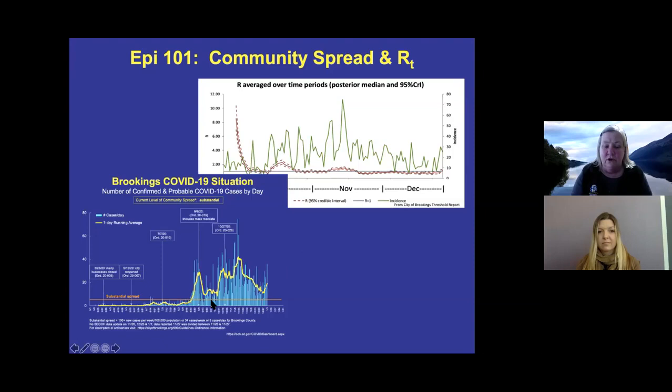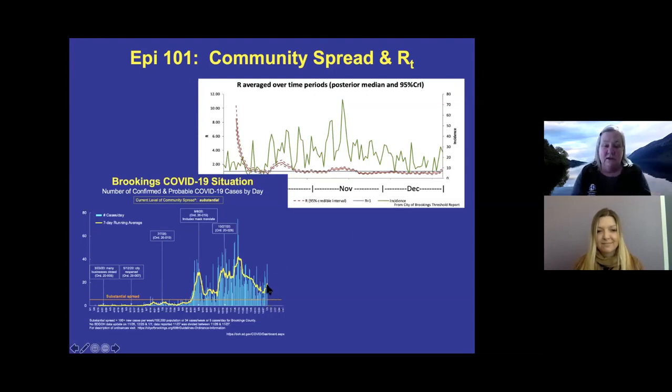But if you look on this graph, what you see here is that we are still in substantial spread. So although the RT is less than 1 here, we can say that it's controlled, in the sense that the number of cases are decreasing, but the number of cases are still much higher above substantial spread.